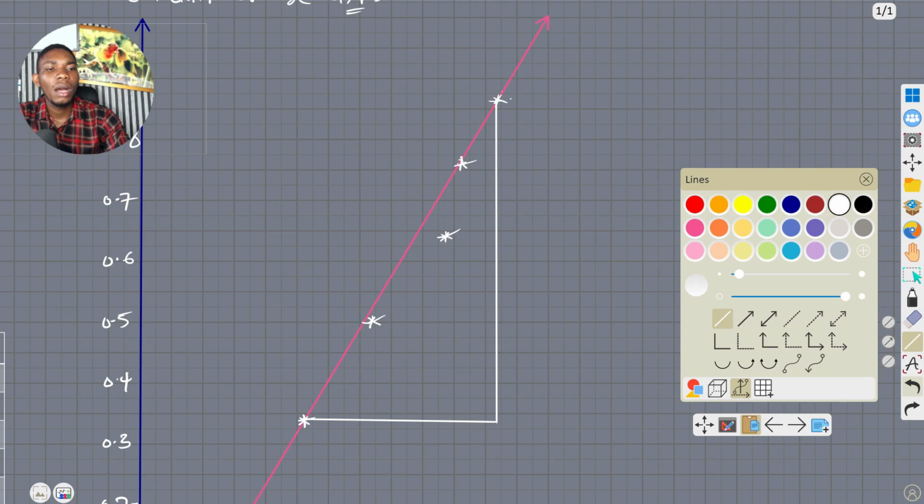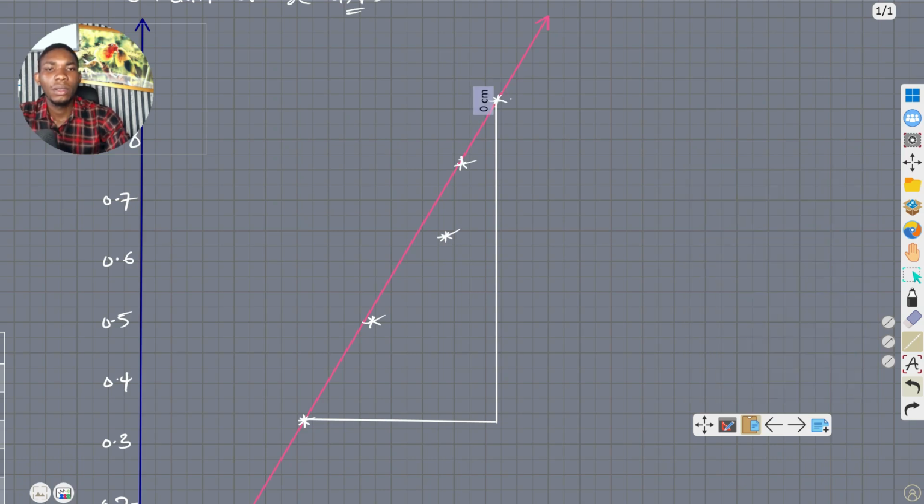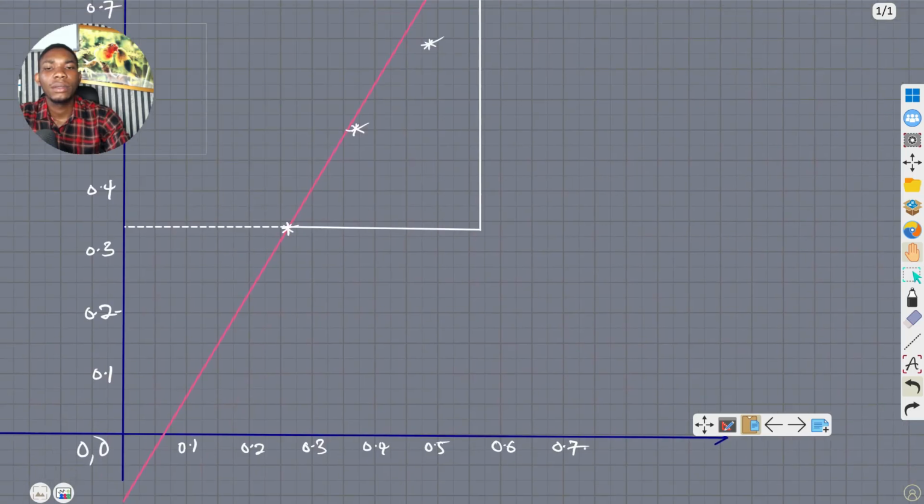I believe you know how to trace it down. 0.8660 is somewhere around here, so you trace it to this point. Are you getting it? And then also this one, 0.34 something, you also trace it down to this point, and then you trace the other side down with their corresponding y values.